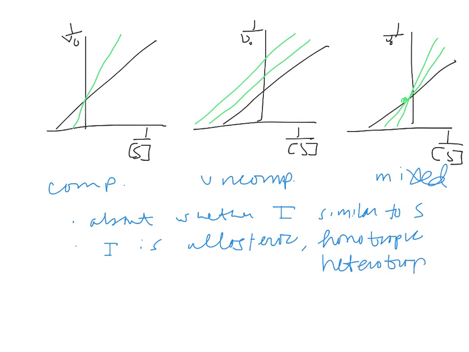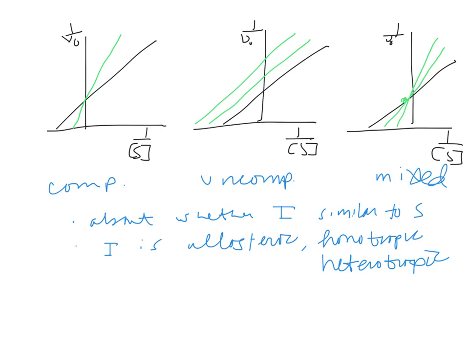Remember those words? I do. Anyways, that's the beauty of the Lineweaver-Burk, because it's really easy to see the different types of inhibition, and then you can infer some things about what the inhibitor looks like and how it works.